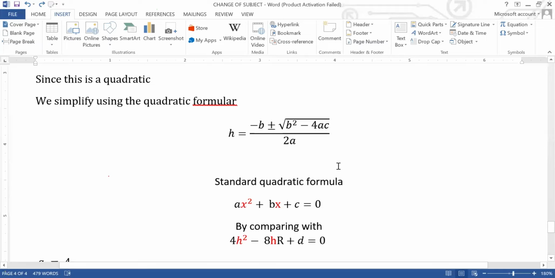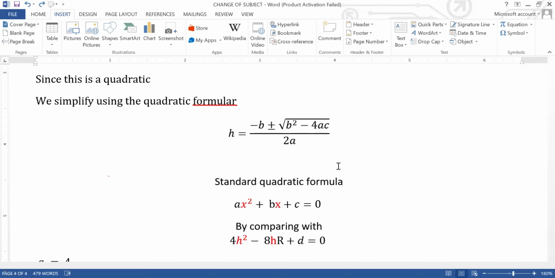So the minus b plus or minus root of b squared minus 4ac divided by 2a is a formula that is used to find the roots, like in situations where you have 4h squared minus 8hr plus d is equal to 0.